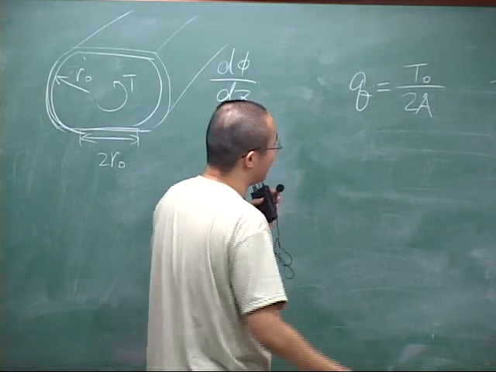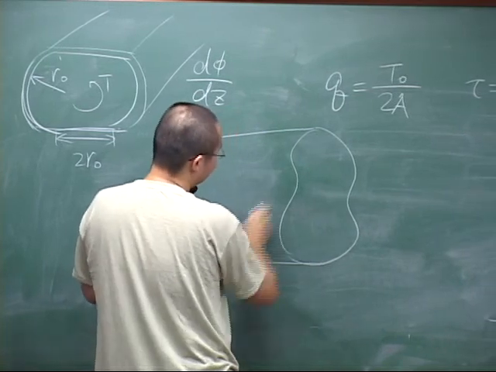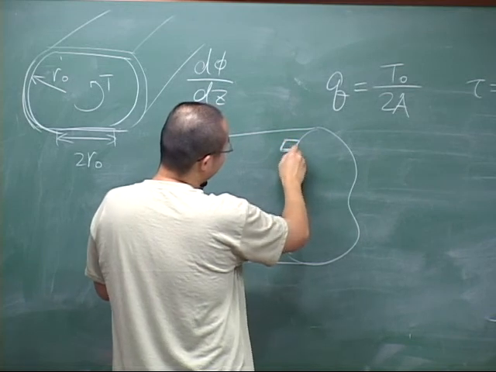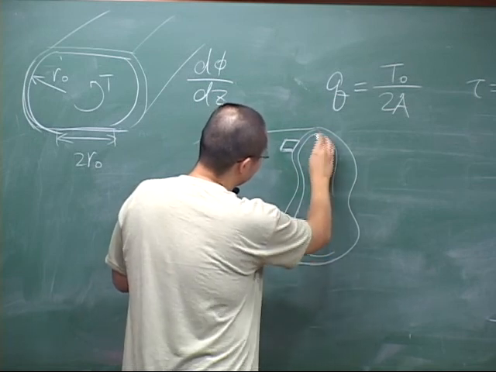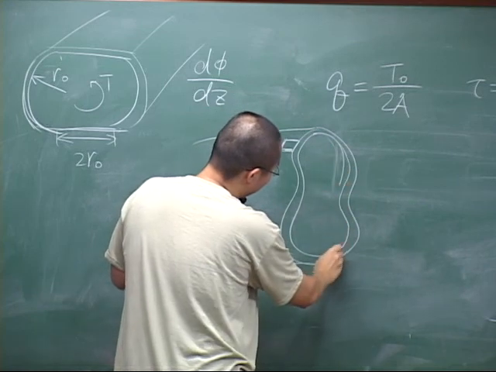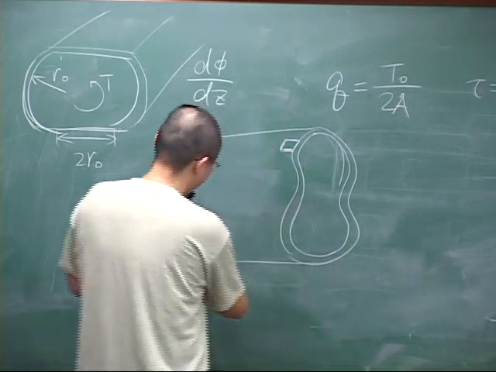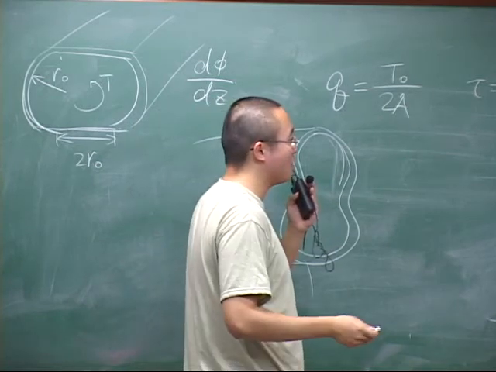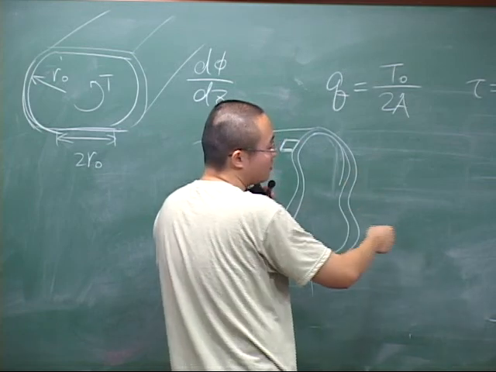How to apply the energy method? Assuming we have a cross section like this. First we need to know, assuming the length is L, how much strain energy is there for this section under torsion.